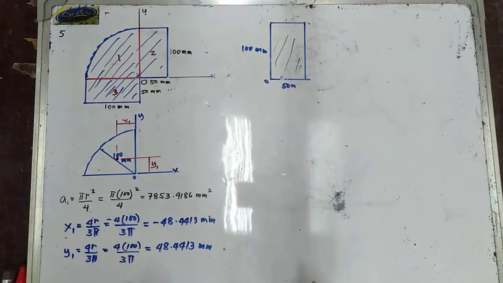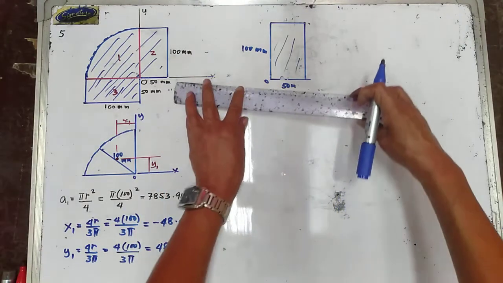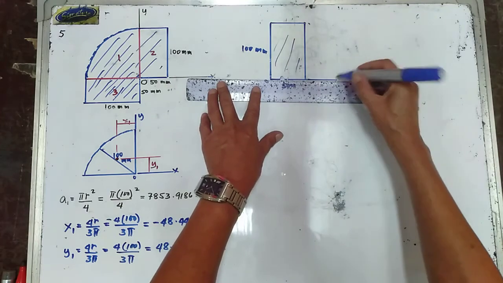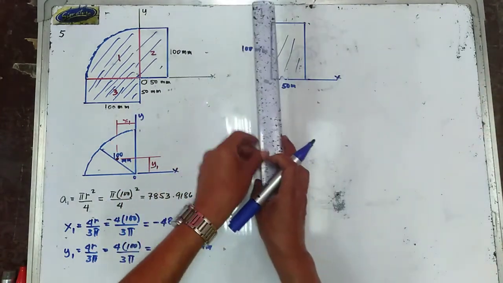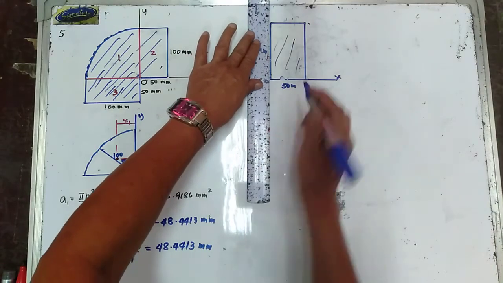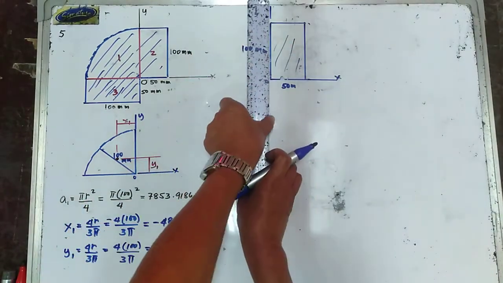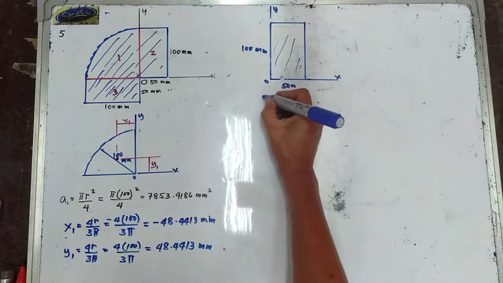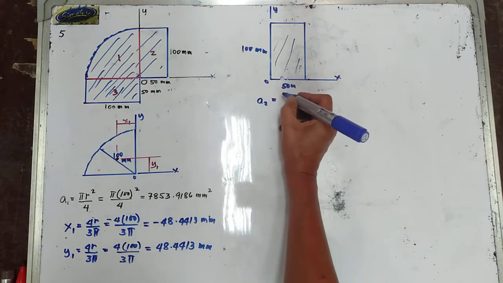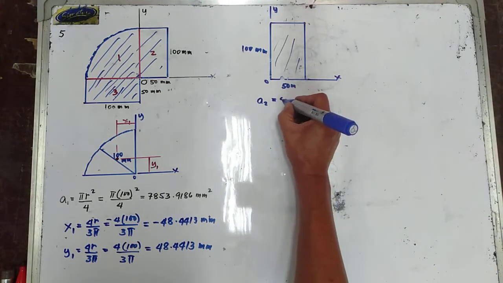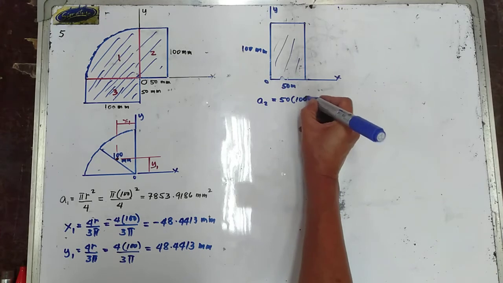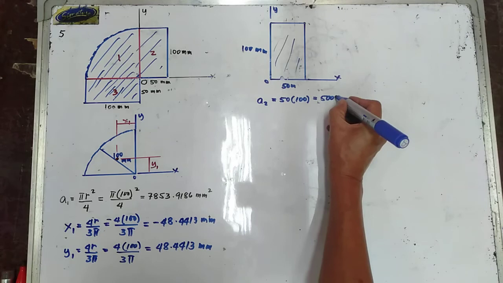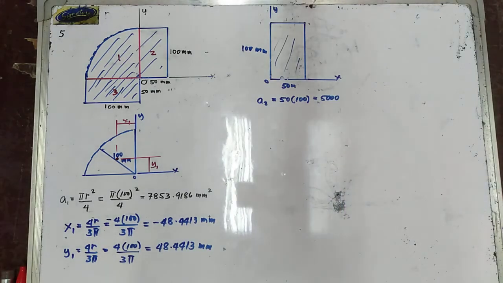So that is your O. Again, this one in here is the x-axis, and this one is the y-axis. Now, so that your area 2 is equal to 50 multiplied by 100, or that is equal to 5,000 square millimeter.